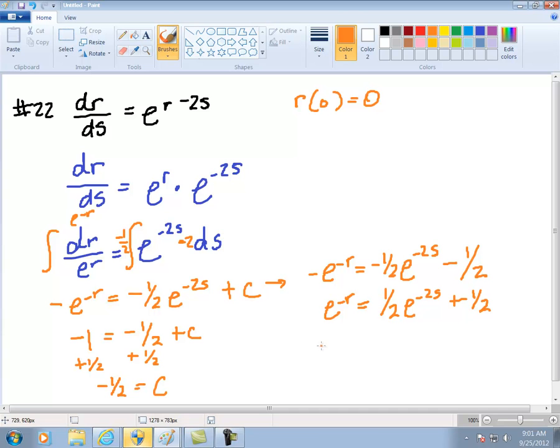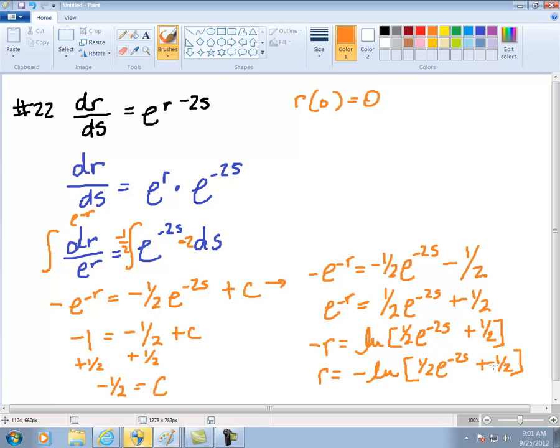And I get -r is equal to the natural log of this whole thing, 1/2 e to the minus 2s plus 1/2. Obviously, I can get rid of this negative sign as well. r is equal to negative natural log of 1/2 e to the minus 2s plus 1/2. Okay. I can notice that they both have a half, so I can simplify that.